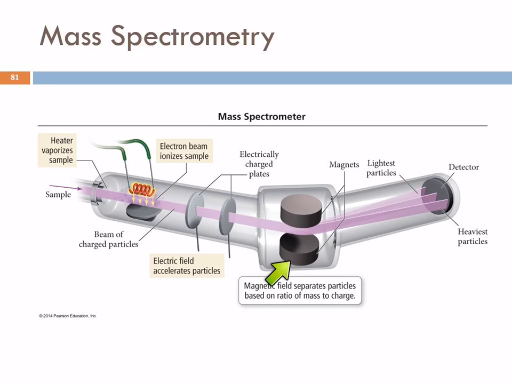And the magnets will bend the beam of the particles, and the degree at which they're bent is dependent on how heavy they are. It's a very small difference in how much that beam is deflected, because there's a very small difference in the amount of mass. And so the smallest particles will get bent the most, the heaviest particles the least. And then you have a detector here that detects them. And so the relative signal strength gives you percent abundance, and how much they're deflected gives you an indication of the mass.